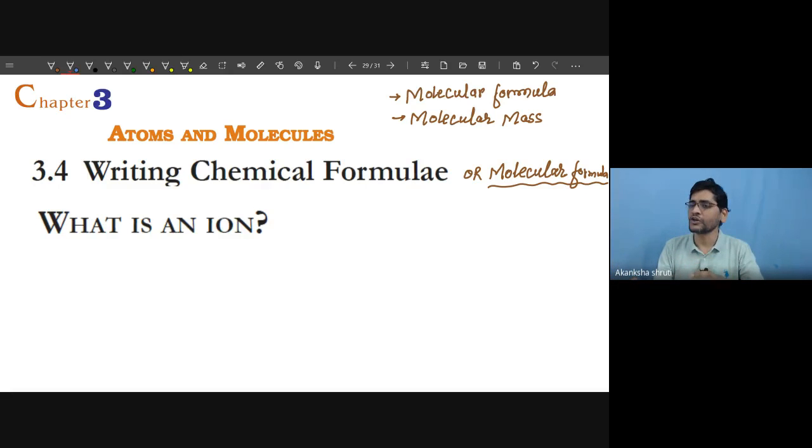Now this molecule may be of elements or of a compound. Then how is this molecular formula formed? For example, if we consider the water molecule, water is always written as H2O.